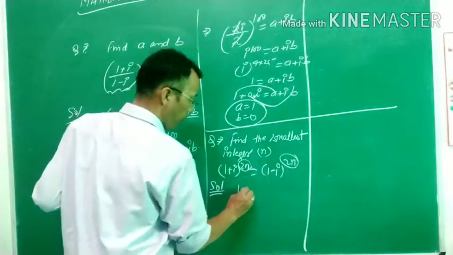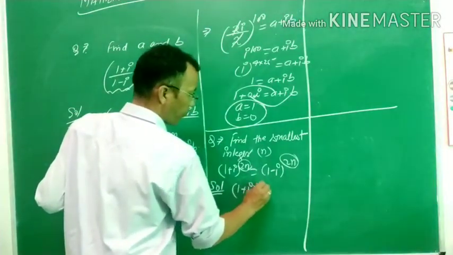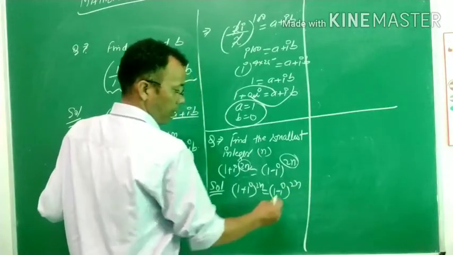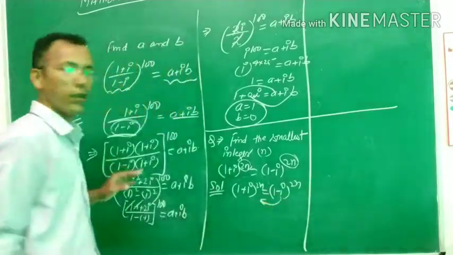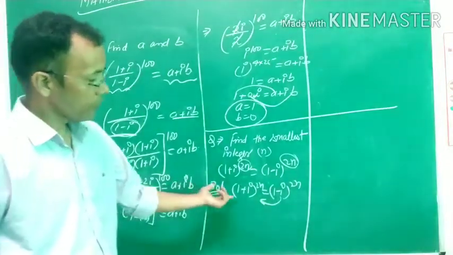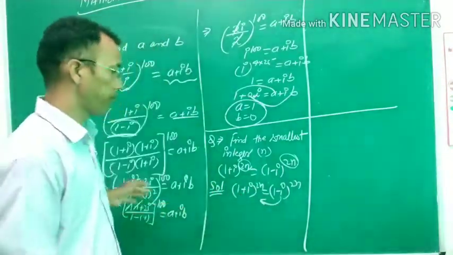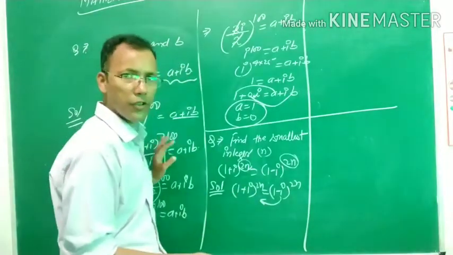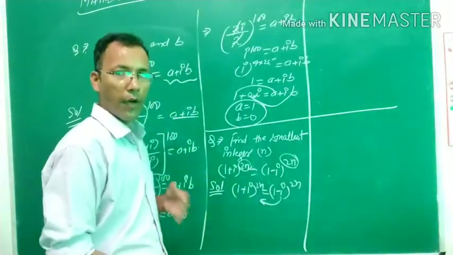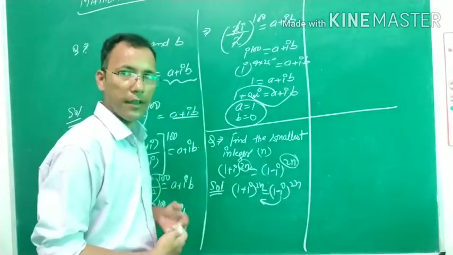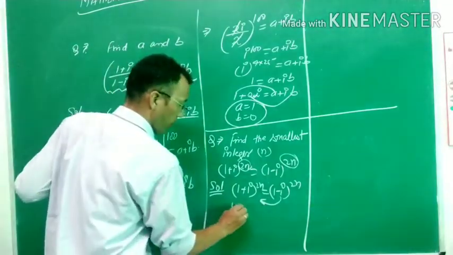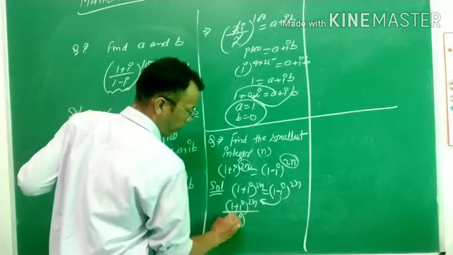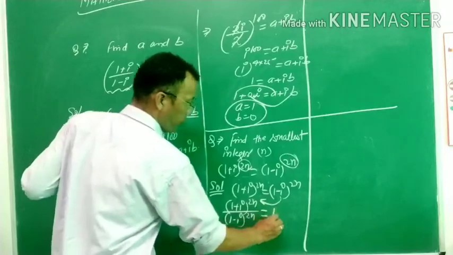So this is (1 + i)^(2n) = (1 - i)^(2n). Now transfer this to the other side. We could write the modulus of this, but we have not discussed modulus yet, so that's why we are writing it this way: (1 + i)^(2n) divided by (1 - i)^(2n) is equal to 1.